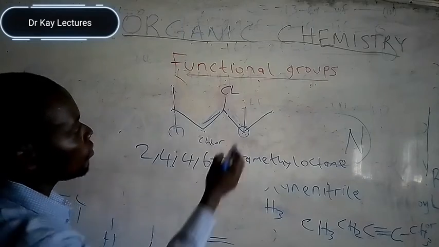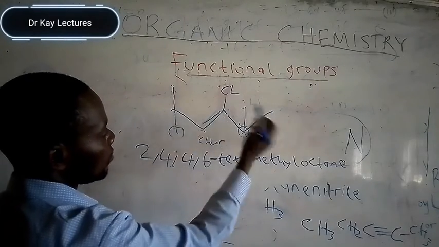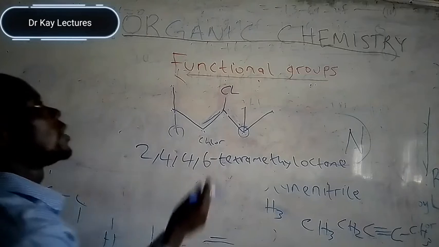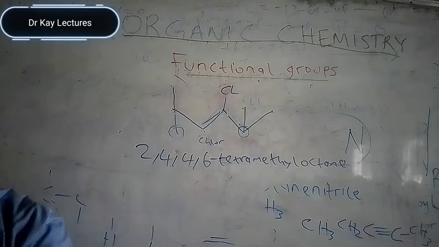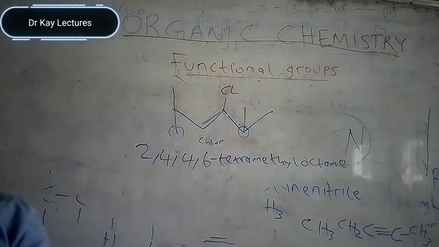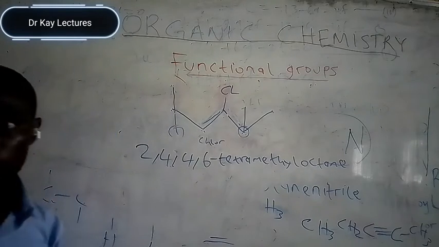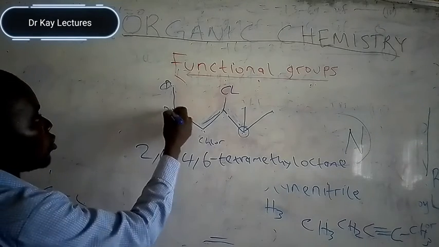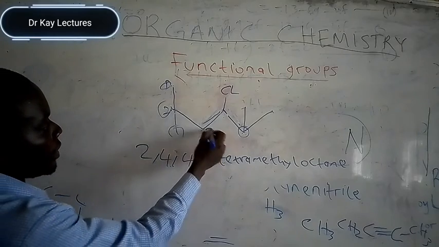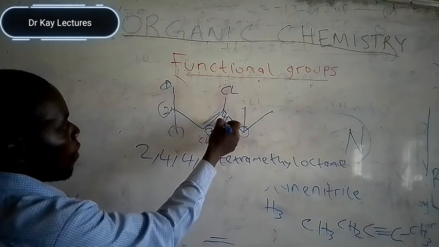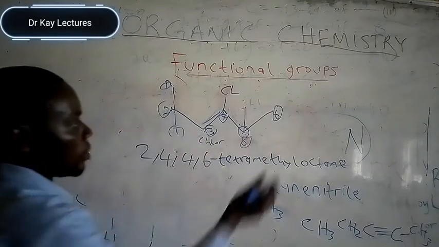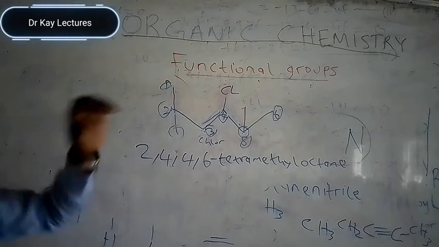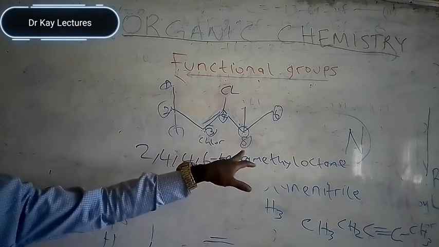Then 6, finally. So when you are now naming, based on the alphabetical order we talked about, C comes before M. So now look at it. 1, 2, 3, 4, 5, 6. It becomes easier that way. So we have 2-methyl, am I correct?